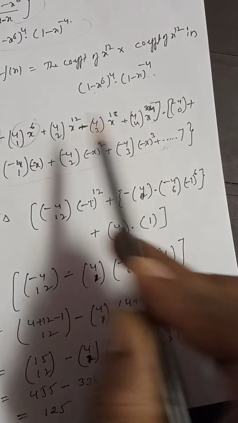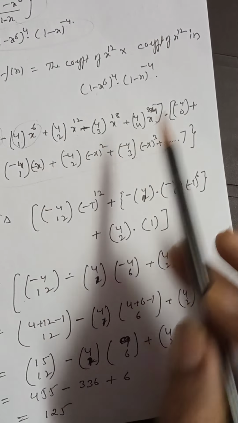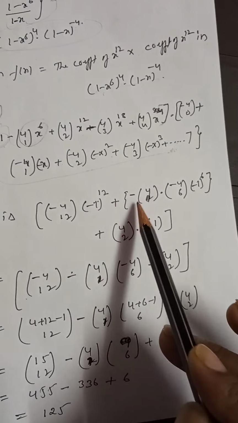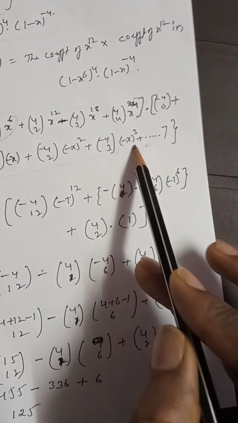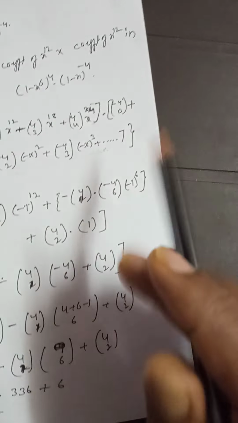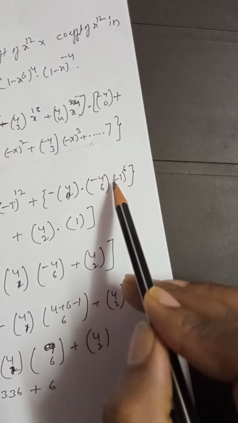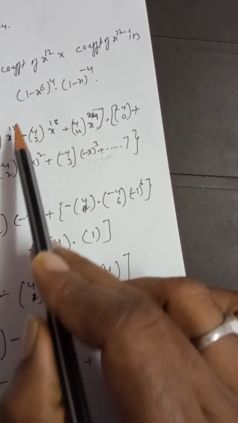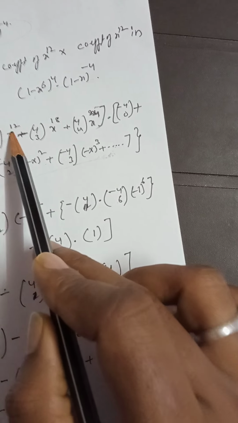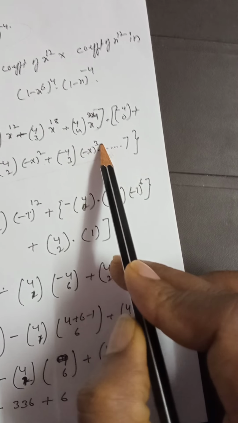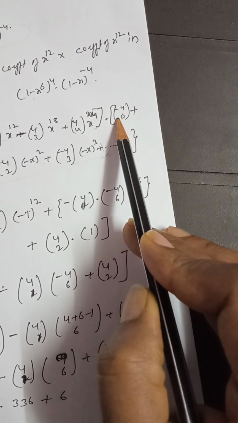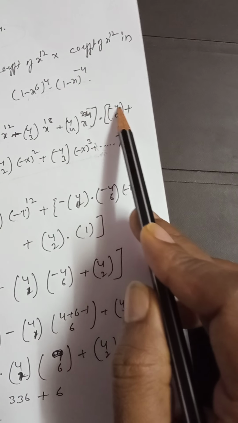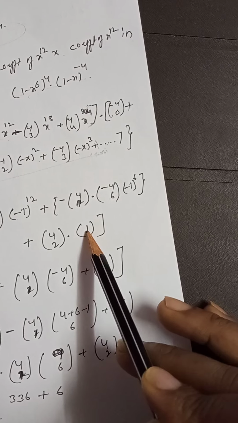If you multiply these two again you will get x^12, right? Now this one, minus 4C1 into, in this expansion, x^6 coefficient is minus 4C6 (minus 1)^6, right? Plus now again here x^12 into, in this expansion, the constant term. What is the constant? Here it is the constant, right? That means 4C2 into the constant minus 4C0, whose value is 1.